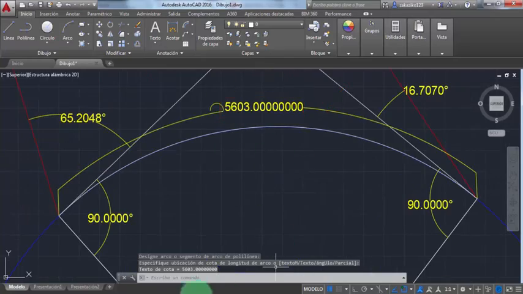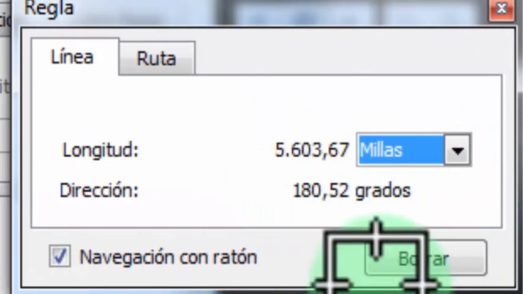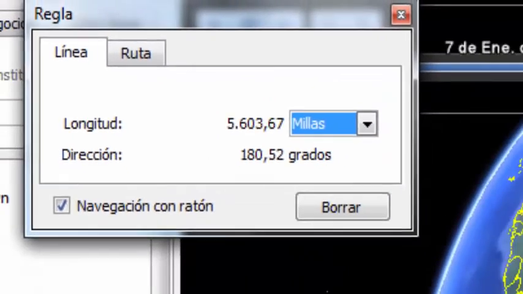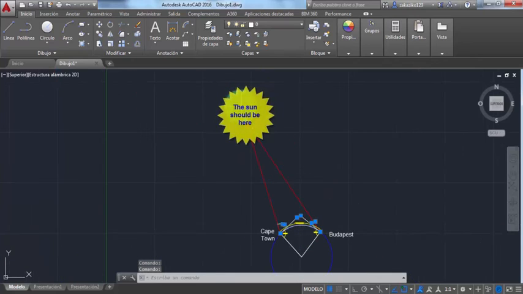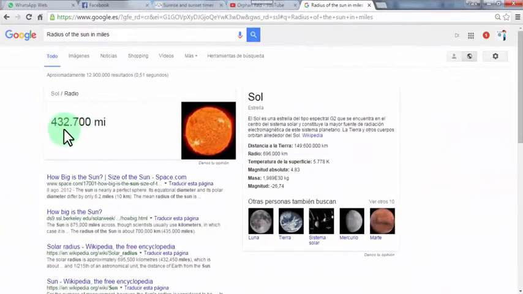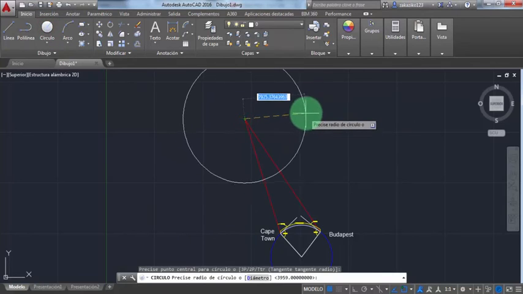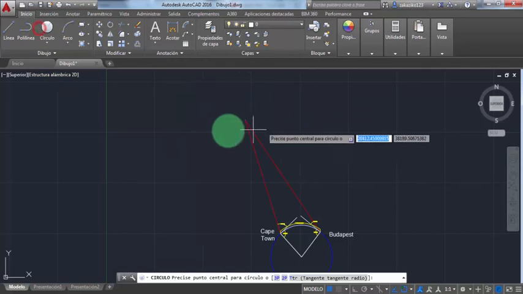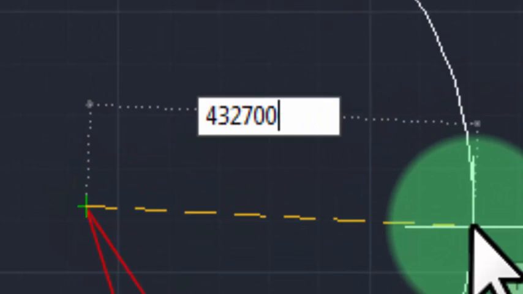So this is the distance we have in AutoCAD. Let's see if that is exactly the distance we got from Google Earth. It matches perfectly. Now let's see how far these lines are going to take us. It doesn't look so far. Before I measure the distance, I'd like to draw the sun too. So here is the radius of the sun: 432,700.